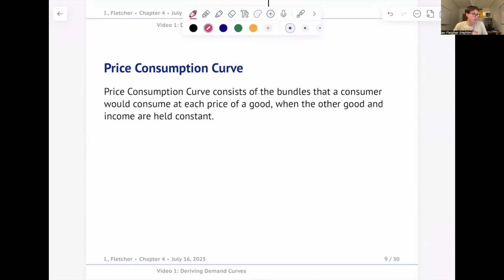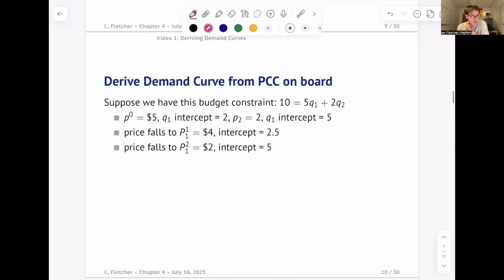Shoot, guys, my notes keep disappearing. We should be able to get the price consumption curve from the quantity demand, I mean, from the demand graphs. Okay, here, I just need to skip ahead to see what we're going to do here.